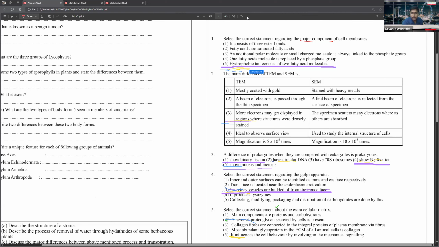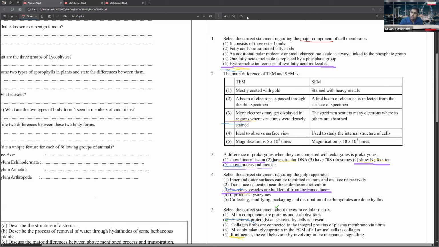You know, people, the major component of the cell membrane.